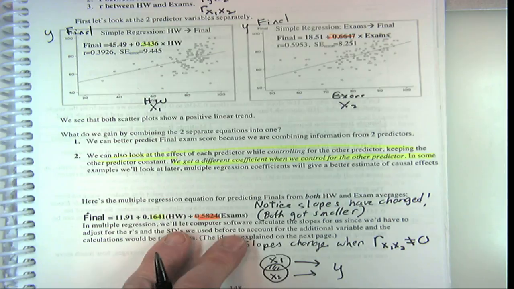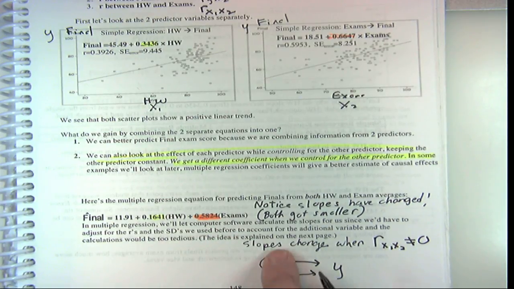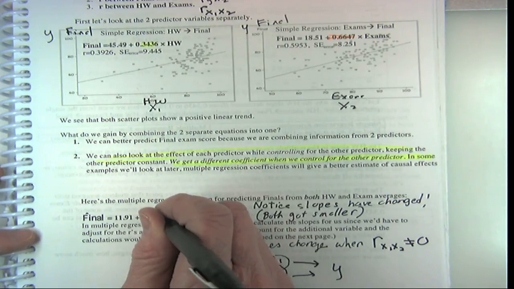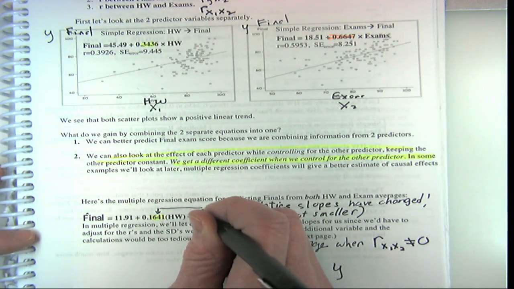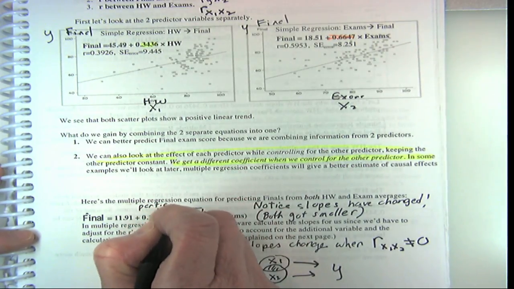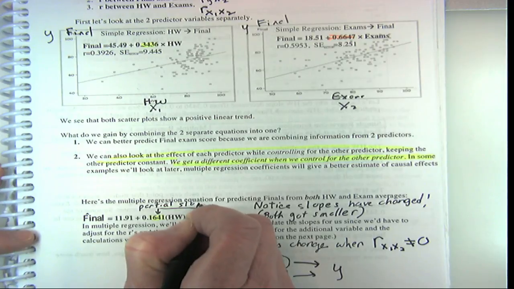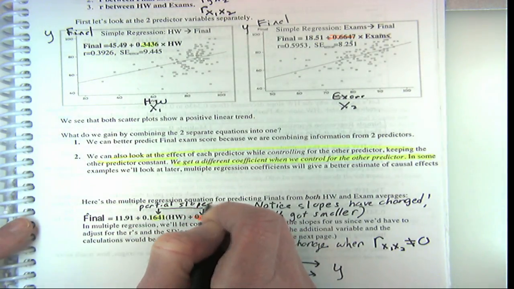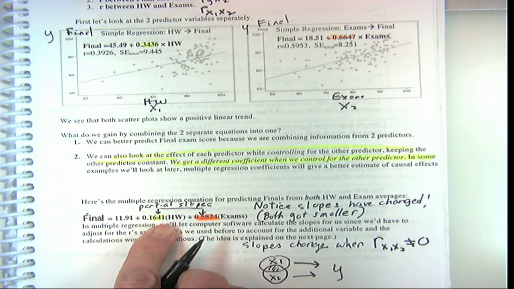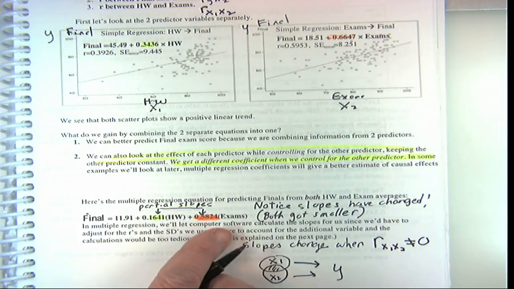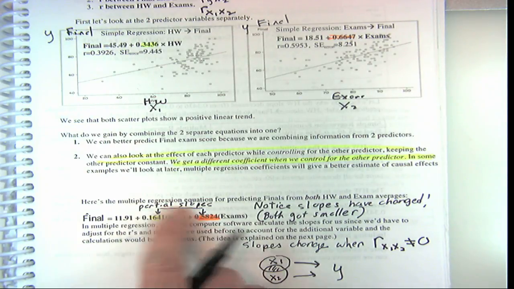So these are called partial slopes, and you can see that's why they change. In multiple regression, these are called the partial slopes because they explain the quantitative effect of the x variable after the other one has been partialed out or controlled for. It's just the language that's used, and it's helpful to see.